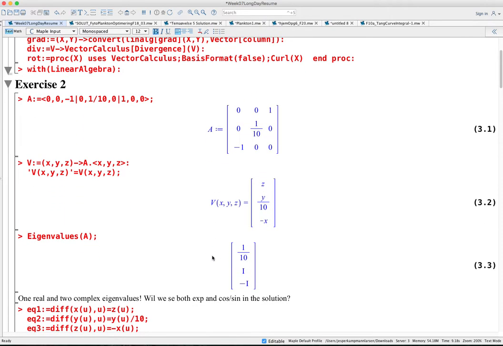In order to get an impression of what you should expect when you want to solve the flow equations corresponding to the system matrix, you can take the eigenvalues of your system matrix, and you get one real eigenvalue and two complex conjugate eigenvalues.